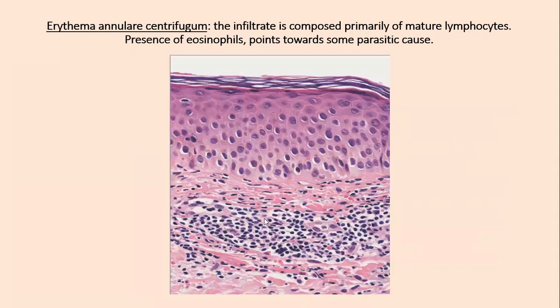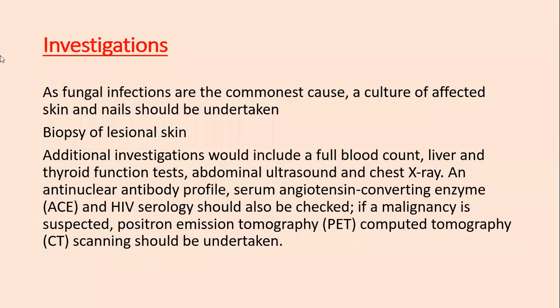Usually eosinophils are not present here, which were present in annular erythema of infancy. If present, then we have to rule out parasitic causes. Fungal infection is the commonest cause and culture should be done.